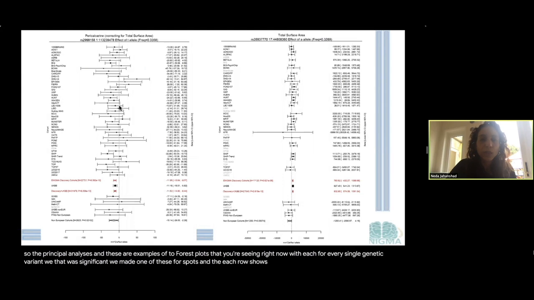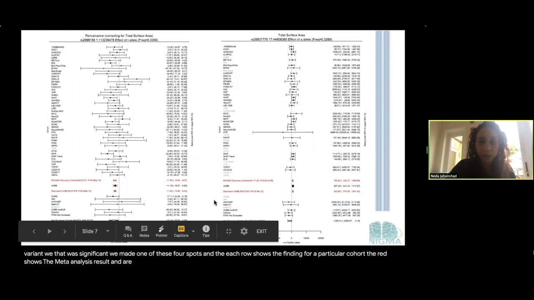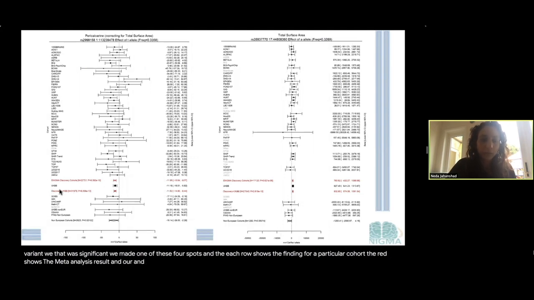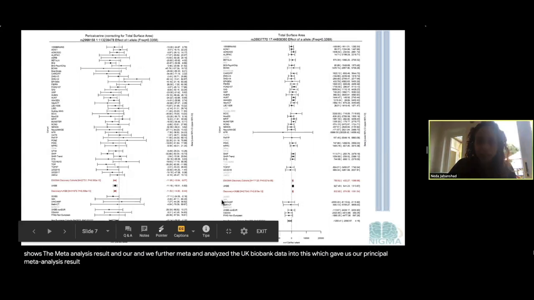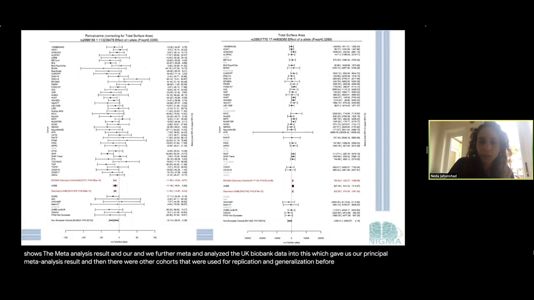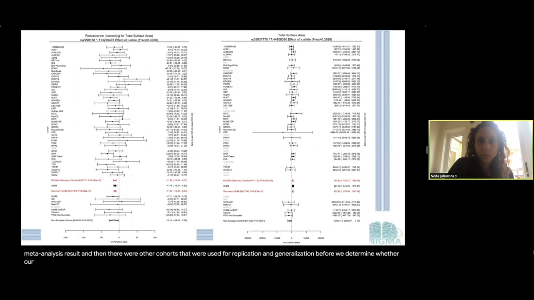Each row shows the finding for a particular cohort. The red shows the meta-analysis result, and we further meta-analyzed the UK Biobank data into this, which gave us our principal meta-analysis result. Then there were other cohorts that were used for replication and generalization before we determined whether our findings were significant.